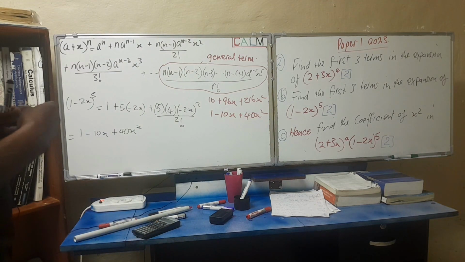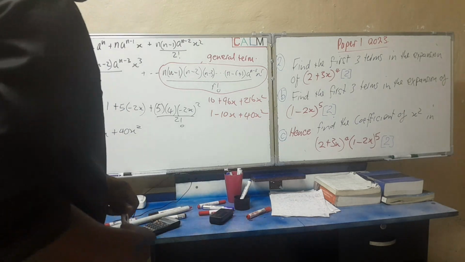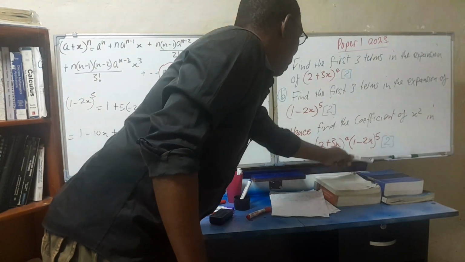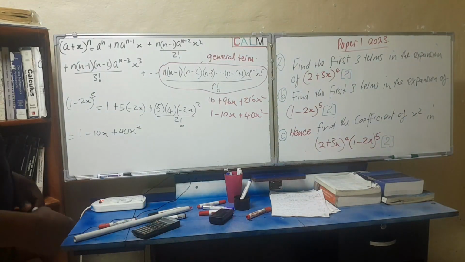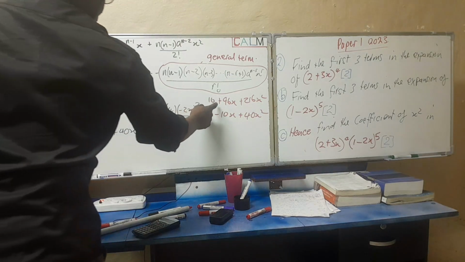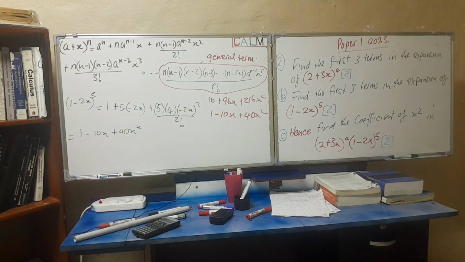Now, in part C, they want us to expand this, multiply this and that, and then give them the term in x squared. We have already done this. All we need is to multiply this and that together and identify the term in x squared.